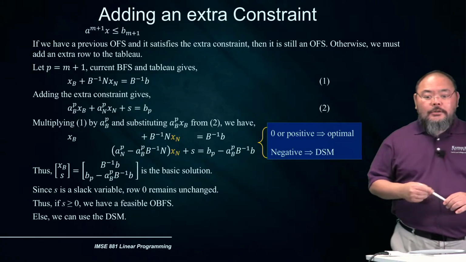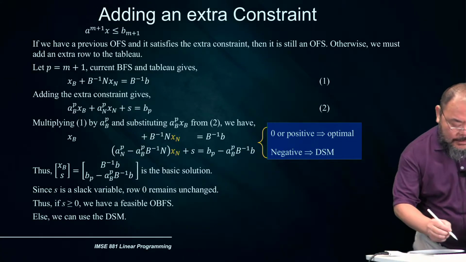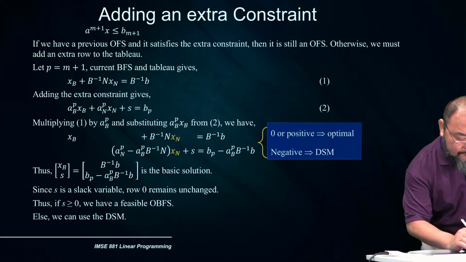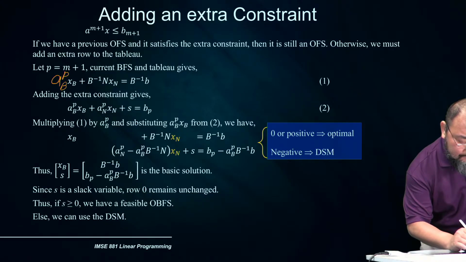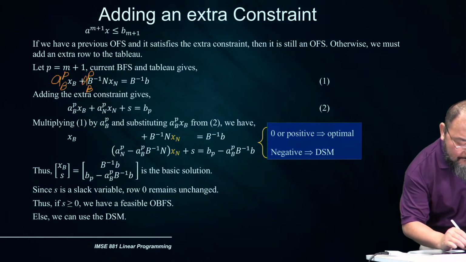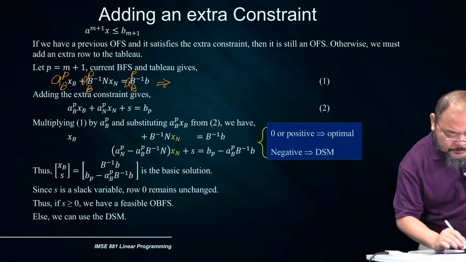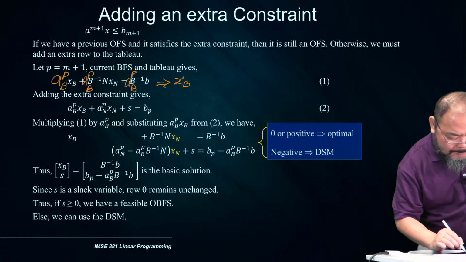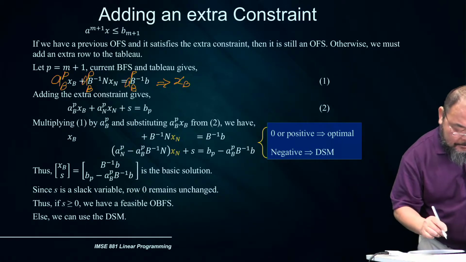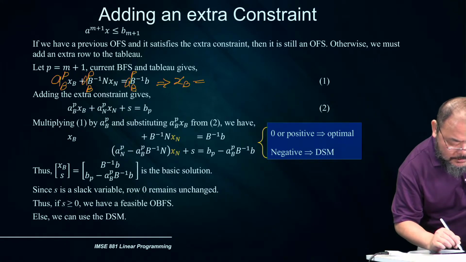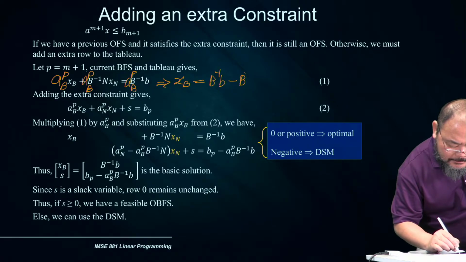So I'm going to do it right here, slightly. If I multiply a B p on both sides of the equation, this becomes xB equals B inverse times b minus B inverse times N times xN.